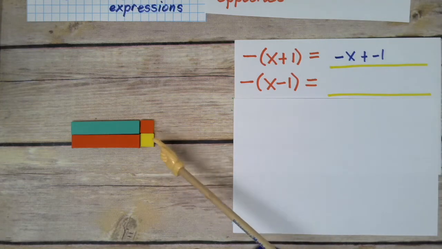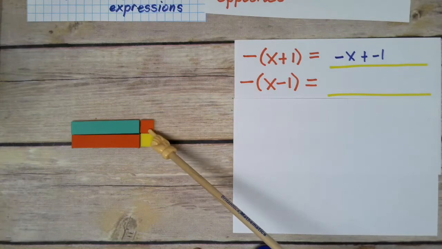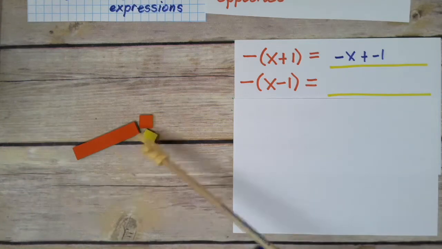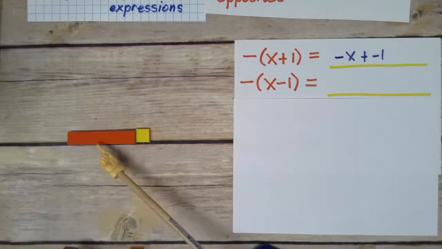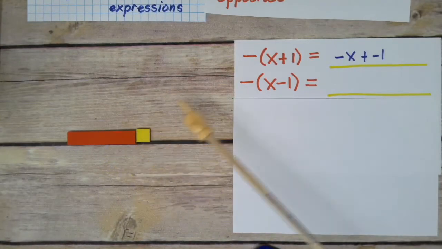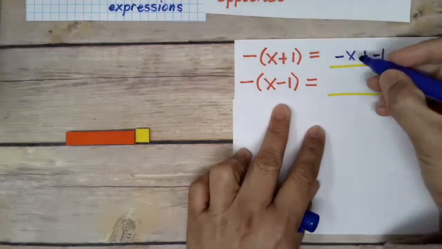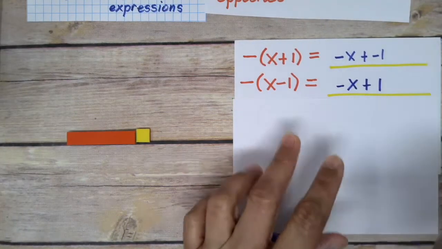And so we now have a positive x and a negative 1. And we take away our x and the negative 1, and that leaves just negative x and positive 1. Therefore, the negative of x minus 1 is simply negative x plus positive 1.